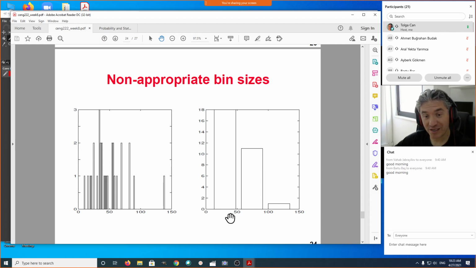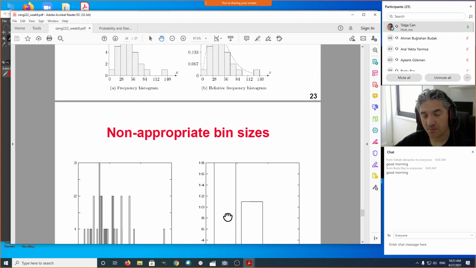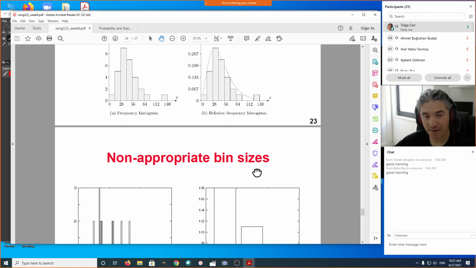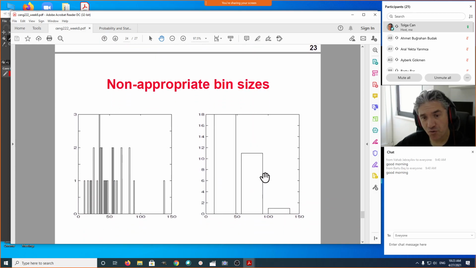If you increase the bin sizes a lot, like this one at 50, it's also not good. So you just need to try different bin sizes and see whether you get filled bins most of the time and you get some shape. There is no rule for the bin sizes, by the way. You just need to try.